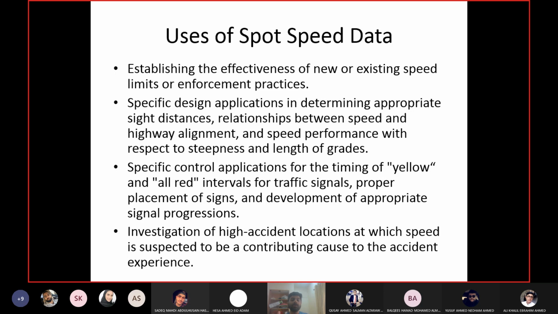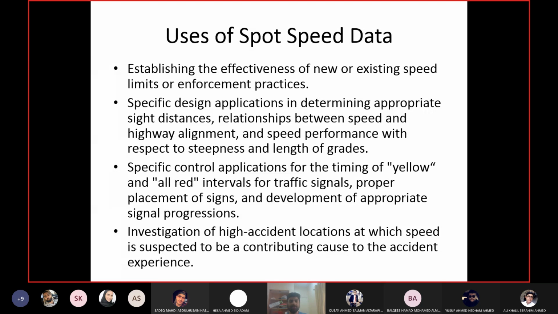And if what the driver wants is risky, then you should change your enforcement practice to make the driver follow your speed limit. For example, you put up a speed limit sign telling the driver to go at 100.